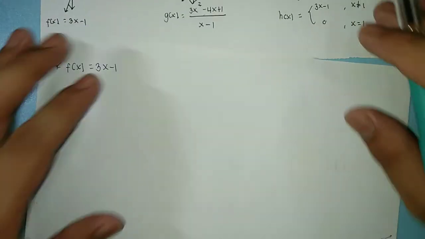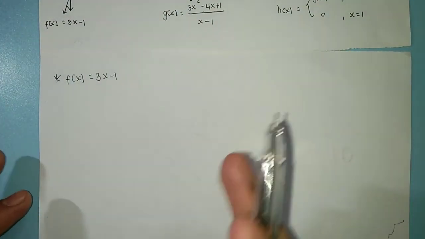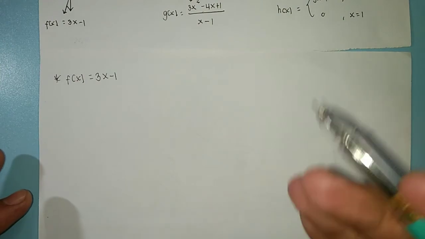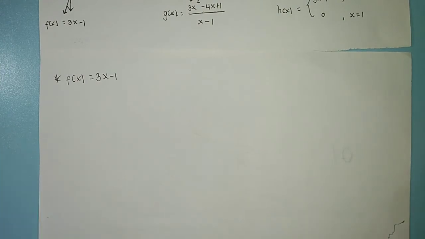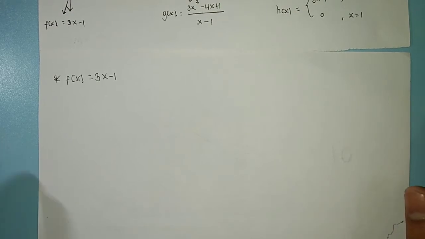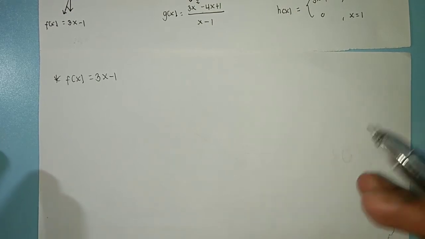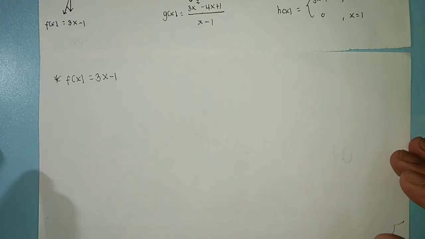Okay? And then, titignan natin yung mga values from the left side ng x equals 1 tsaka from the right side ng x equals 1. Okay? And then, after that, kukompute natin yung values ng f of x. So, titignan natin yung magiging behavior ng values of f of x.